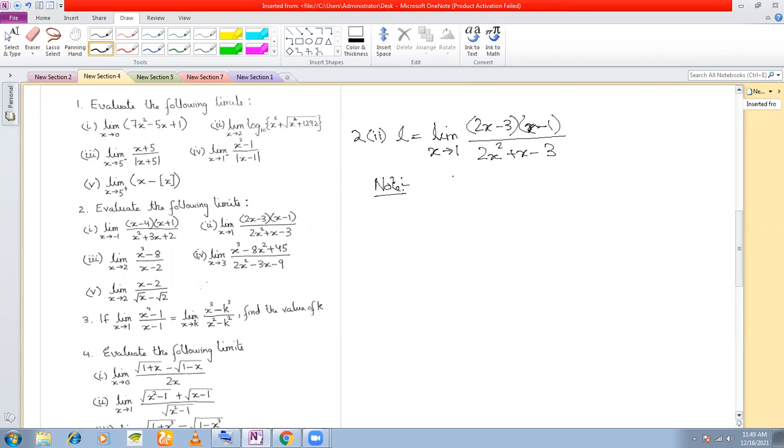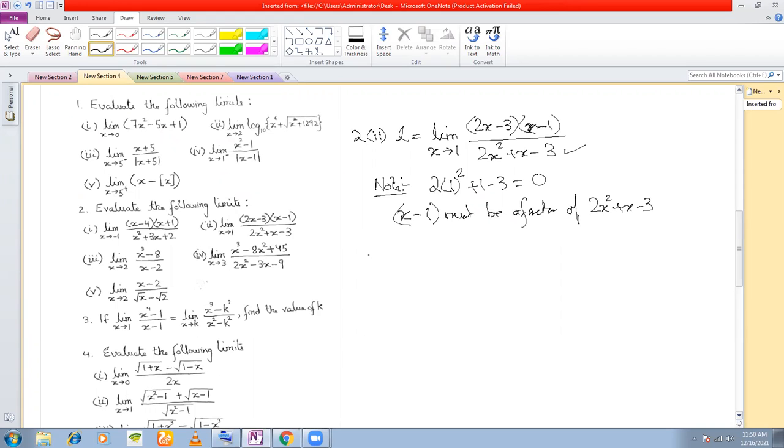So if you put x is equal to 3 by 2, you'll get denominator not equal to 0, right? But however, if you put x is equal to 1, you will see that is equal to 0. So therefore, x minus 1 must be a factor of 2x square plus x minus 3.